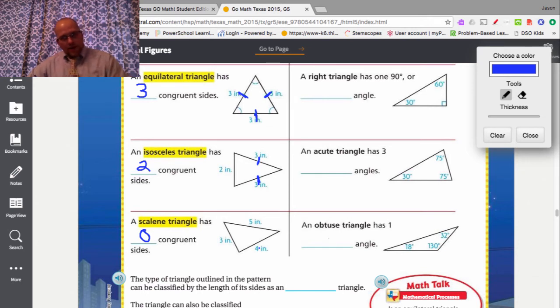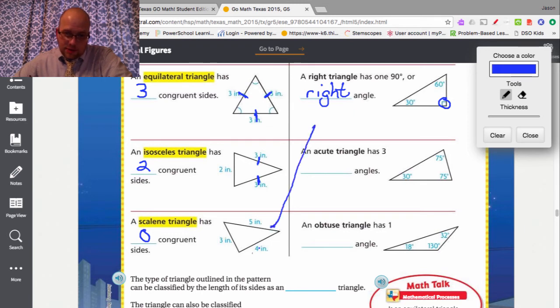But there's another way, as we said, by the angle. So we look over here, a right triangle has one 90-degree angle. So here it is. There's your 90-degree angle, and it's one right angle. So therefore, we can call this a right triangle. Now, a right triangle could be a scalene triangle like this one.